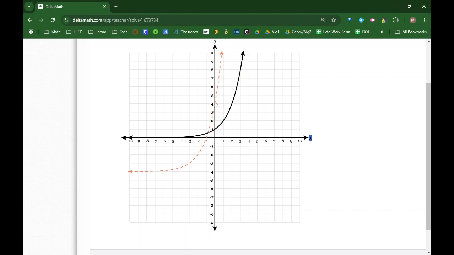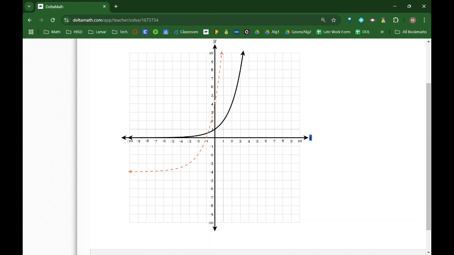So let's think about this backwards. If I want it to hit 4 and we shift it down 4, let's figure out where on the black graph the y-value is 8. And if we look over here, the y-value is 8 at an x-value of 3. So that means after we shift this point down, it starts at (3, 8), shift it down 4, it becomes (3, 4).